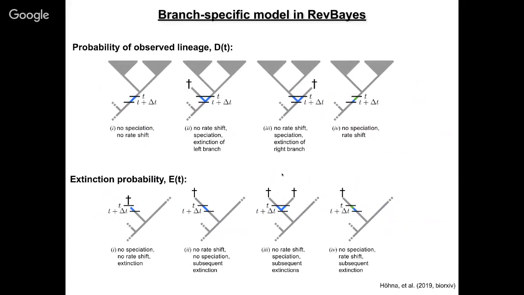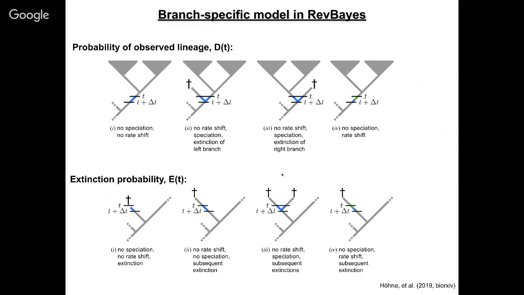The way we implemented this birth-death-shift process is by looking again at what types of events can happen in a very small time interval. And as I showed before, for calculating the probability of an observed lineage, we can have that there's no speciation event, no extinction event, and no rate shift event. That is scenario 1. Then scenario 2, where in a tiny time interval there was a speciation event, but because we did not observe a speciation event, the left lineage must have gone extinct.